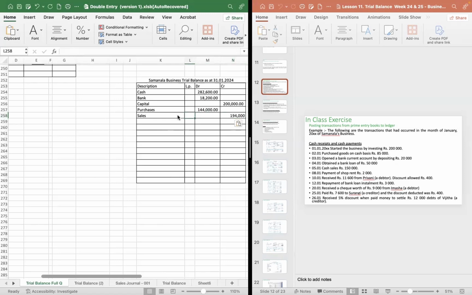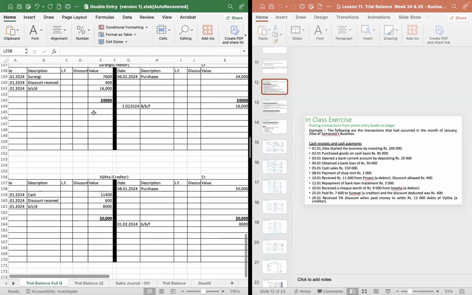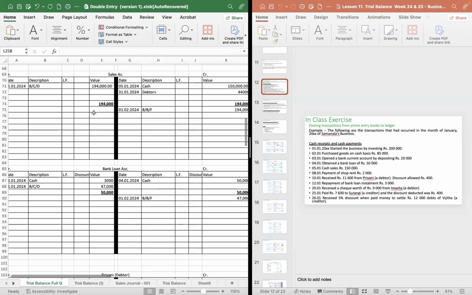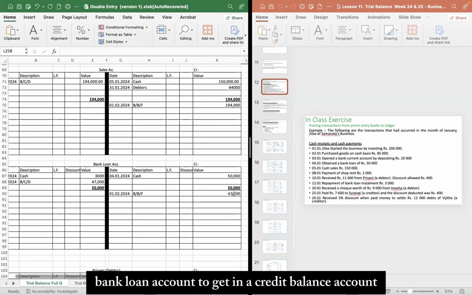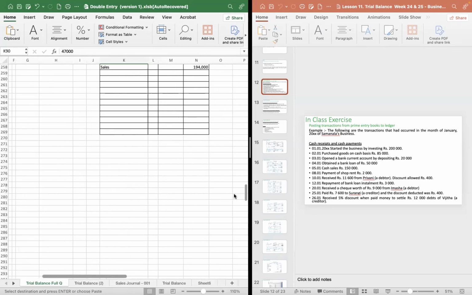Bank loan account එකේ තියෙන credit balance එකක් 47,000.